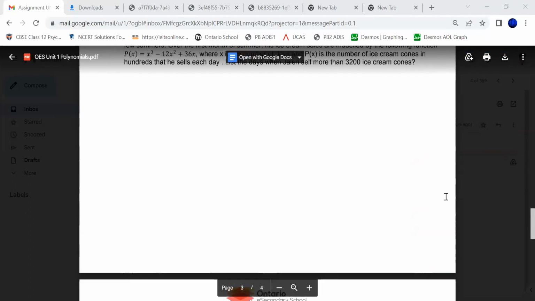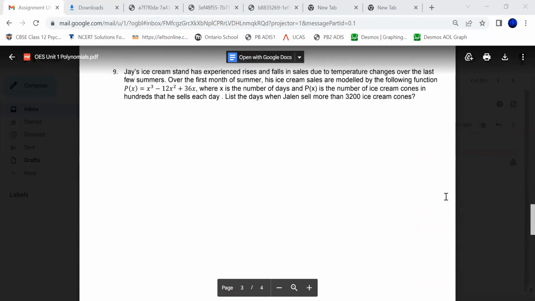Okay. So Jay's ice cream stand has experienced rises and falls in sales due to temperature changes over the last few summers. Over the first month of summer, his ice cream sales are modeled by the following function, where x is the number of days and P(x) is the number of ice cream cones in hundreds that he sells each day.